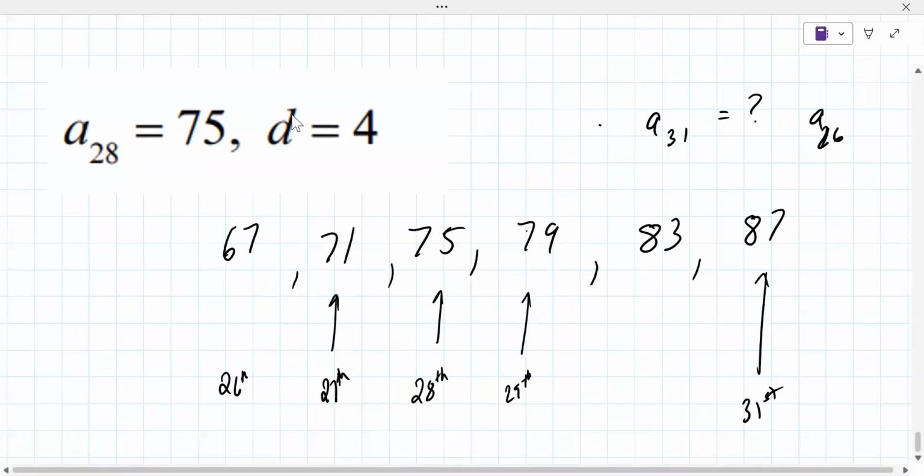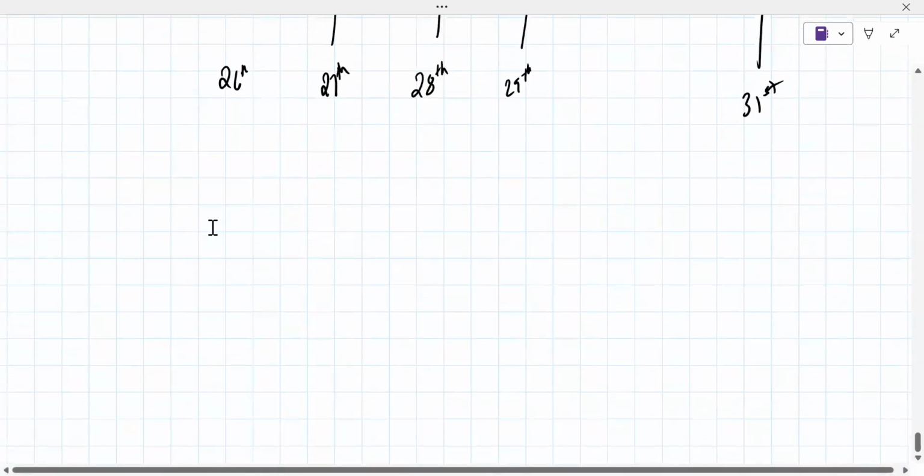All right, so let's try one more. Let's say the 15th term is negative 83 and the difference is 2. I want you to first find the 19th term for me, please. So I would recommend writing out the sequence.